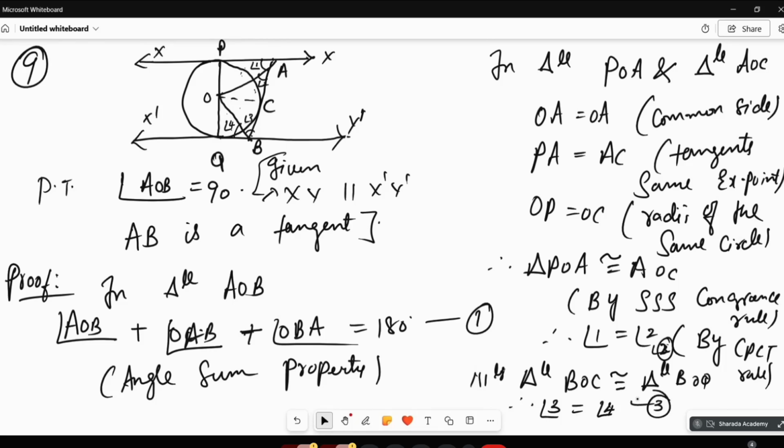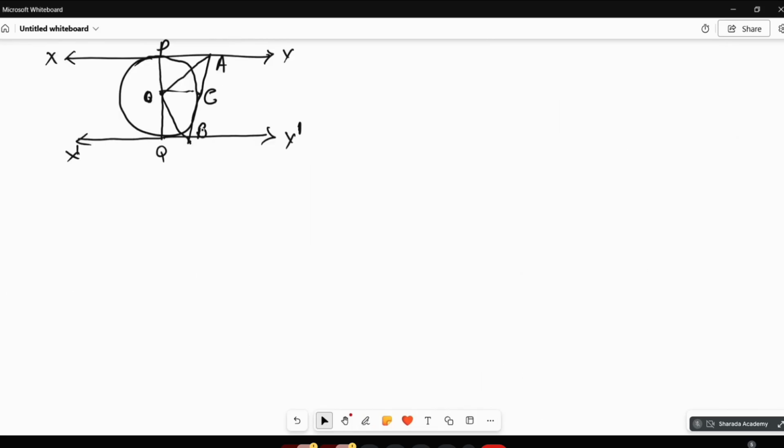So this much clear? Okay. So now I know angle 1, 2, 3 is there, and here it is 4. 1 and 2 equal, 3 and 4 equal. We got 1 is equal to 2. This is the second one. 3 is equal to 4. That is the third one.